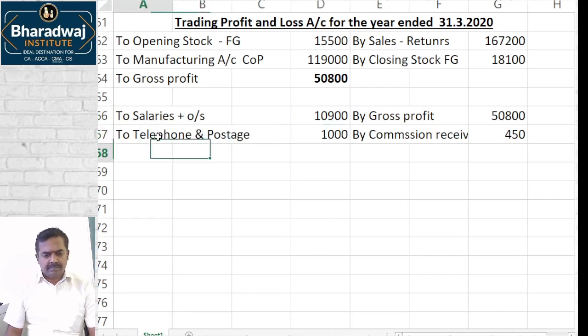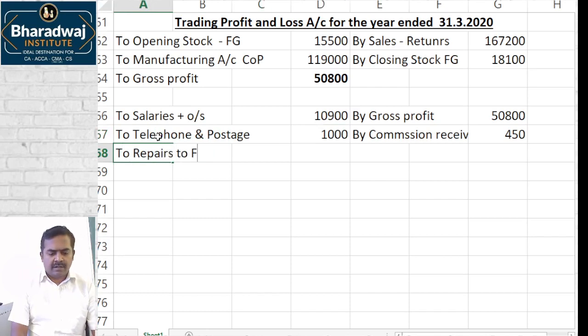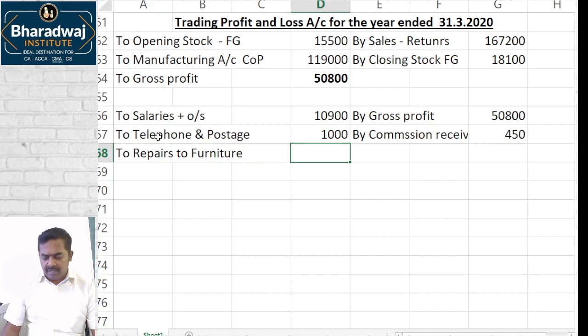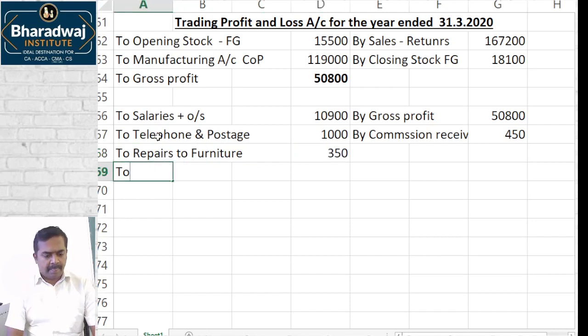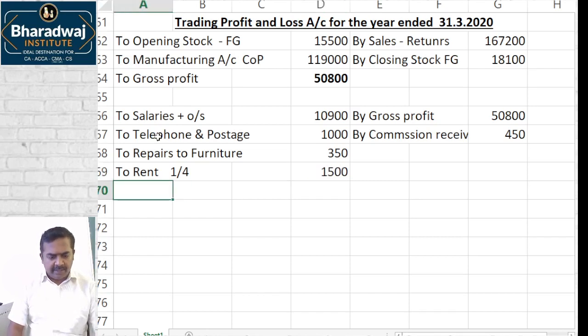Then charge all the other expenses. 350 then. Rent on the office premises, 1/4. 1/4 will be charged to the P&L account. The 3/4 goes to the factory or manufacturing account, and the 1/4 for office will come in the P&L account, 1,500.